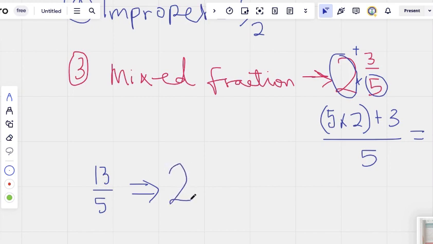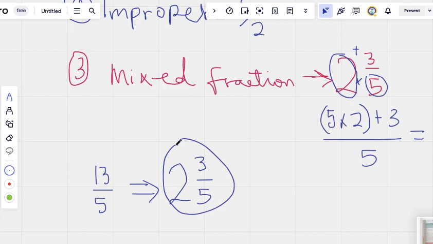So you write 2 as the whole number. What remains? 13 minus 10, you get 3. Then you write the denominator 5. So you've changed it back to a mixed number.